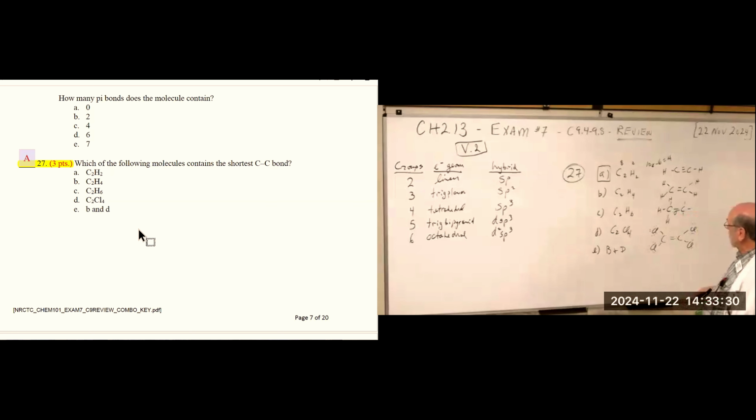Okay. If we were to compare this one and this one, which one would be the next strongest bond? The next strongest bond would be this one. They both have double bonds, but chlorine has the nasty habit, since it's a halogen, it has a higher electronegativity than hydrogen.